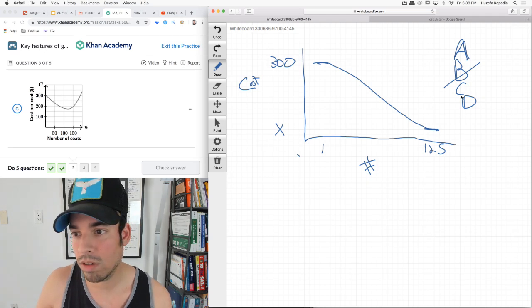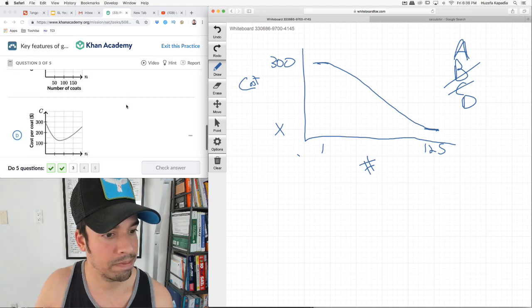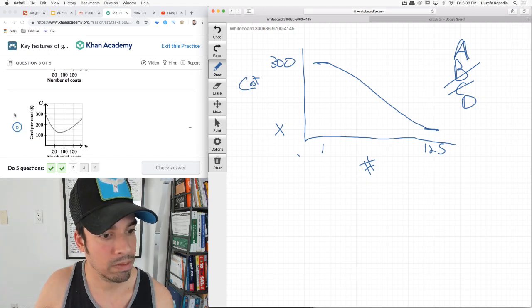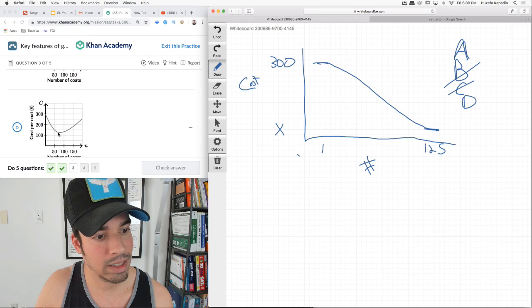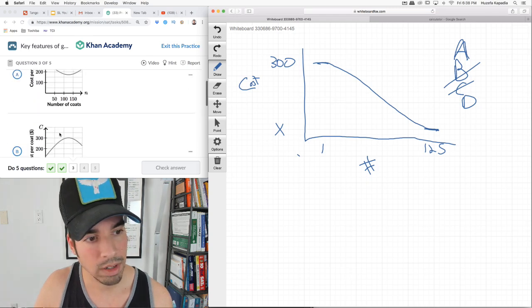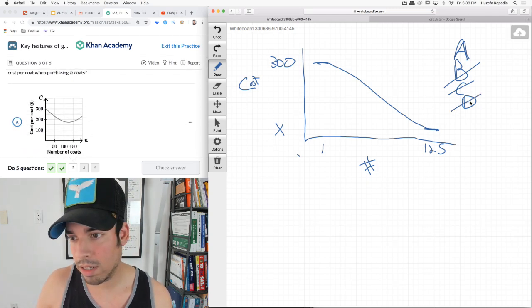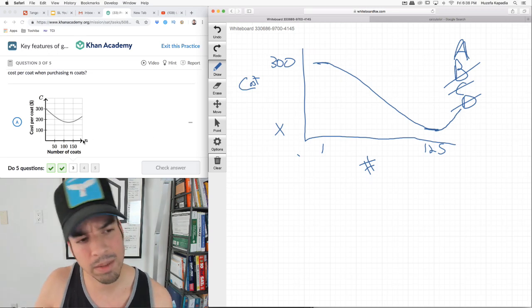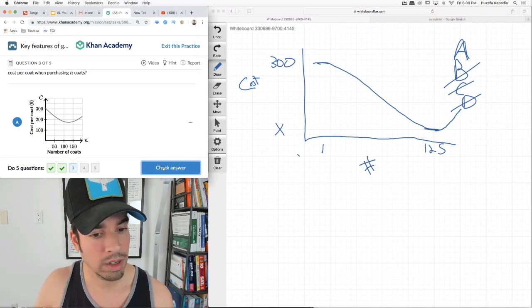So C is also gone. Now it's down to A or D. This looks okay, except the minimum is occurring at 75, not 125. So I can immediately say that it has to be A. I didn't know it would go back up, but they're saying it does go back up, and that's okay. It can go back up, and that's it.